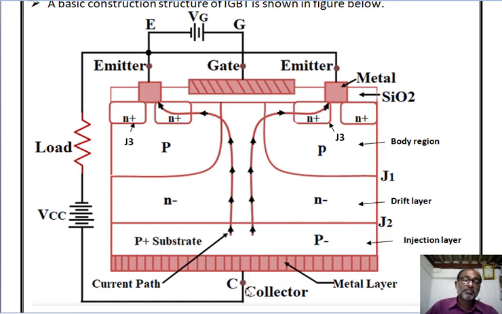So do you understand? When we connect the positive supply to this collector terminal, due to this P plus collector region, holes are injected into this N minus region, that means the drift layer.